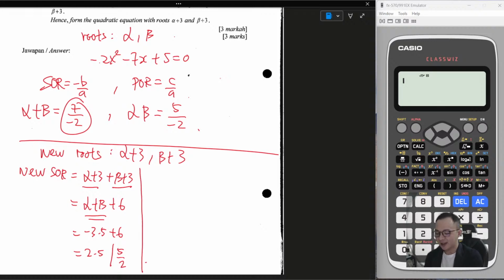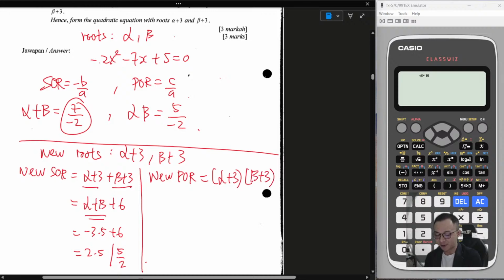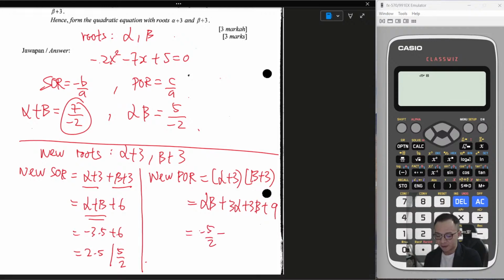Okay, then I will find a new product of root also. That means both of them will multiply, right? So the first root will multiply the second root. Then we solve as usual. Alpha beta plus 3 alpha plus 3 beta plus 9. So alpha beta I know is negative 5 over 2. This one I can take out the 3, I got alpha plus beta plus 9.